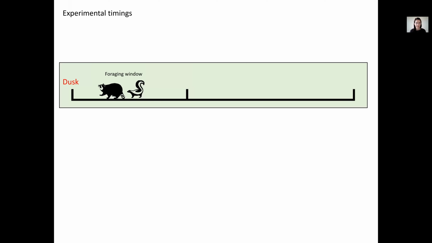In terms of experimental timings, we start here on the left. At dusk, once all of our equipment has been deployed, we would turn on our cameras. We'd start our playbacks, and they would run through the night, and hopefully we would attract foragers during that night time. They would be foraging in this window of time in the night.